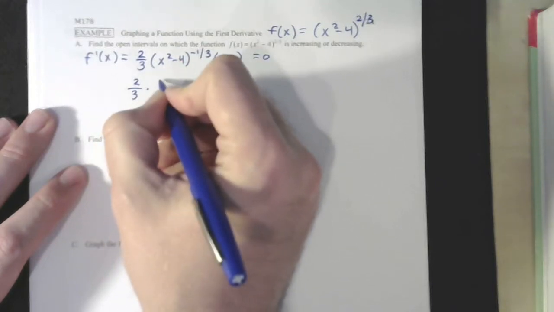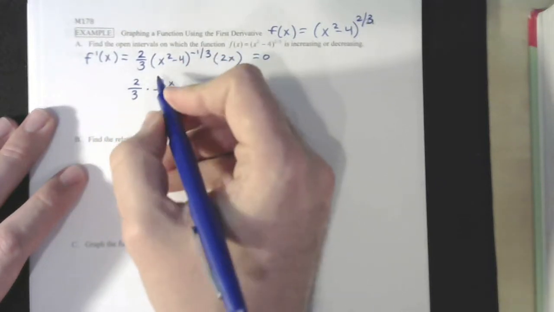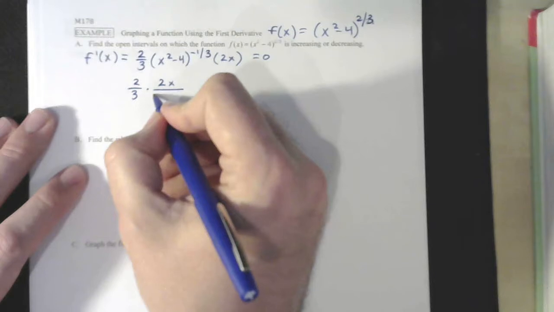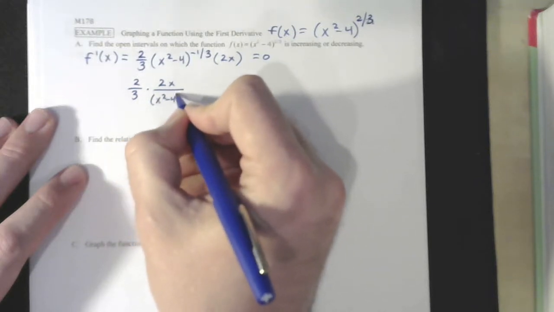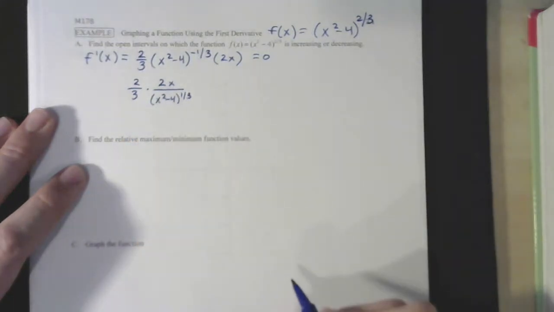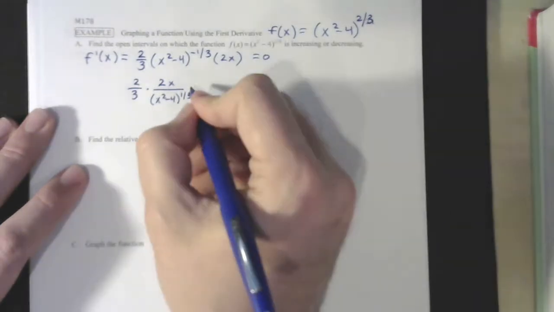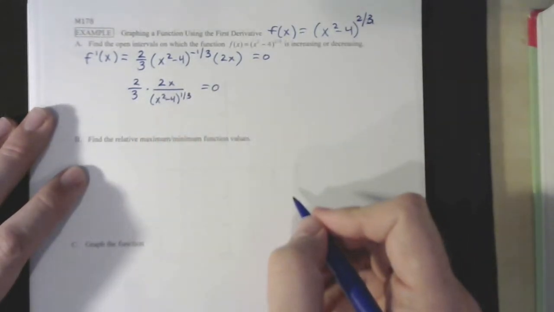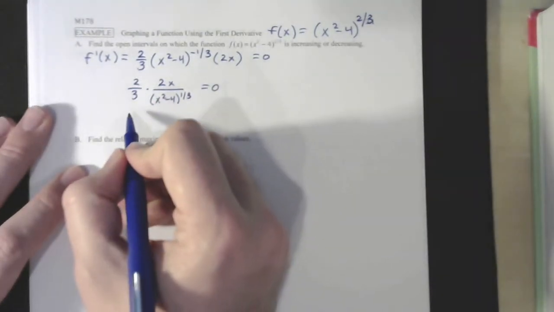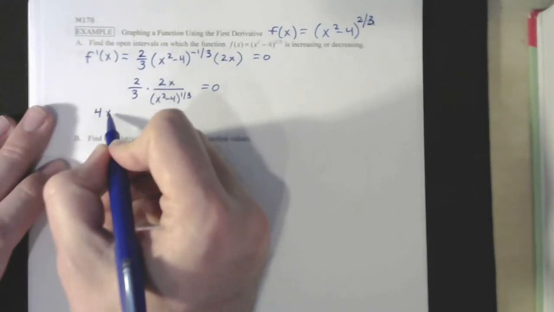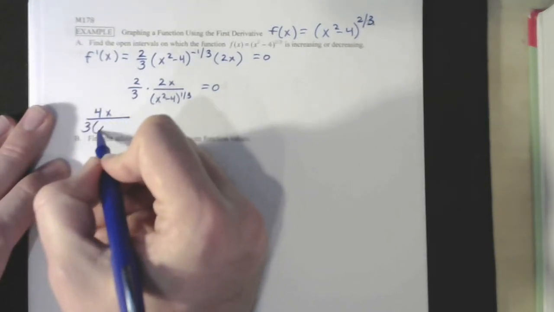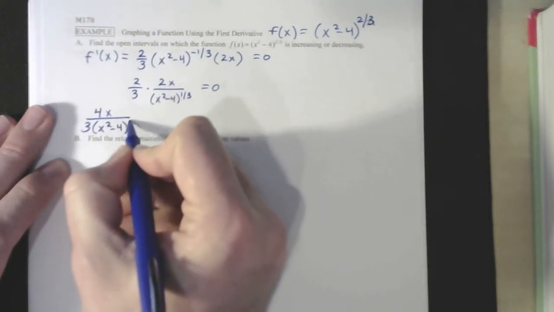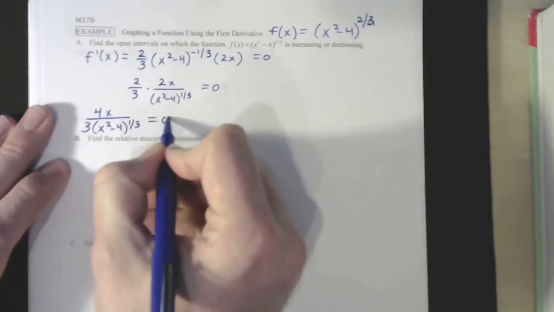This is 2/3 times 2x over x squared minus 4 to the 1/3. And this has to equal 0. So we have 4x over 3 times x squared minus 4 to the 1/3 has to equal 0.